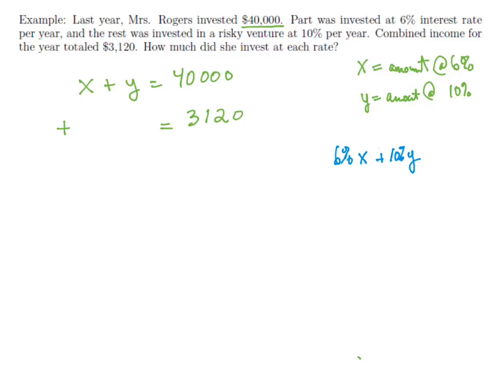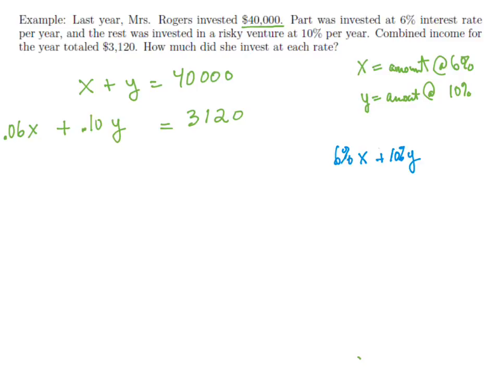How we write percentages in algebra, we write them as decimals. So this is going to be 0.06 times X plus 0.10 times Y, and that will add up to the $3,120.